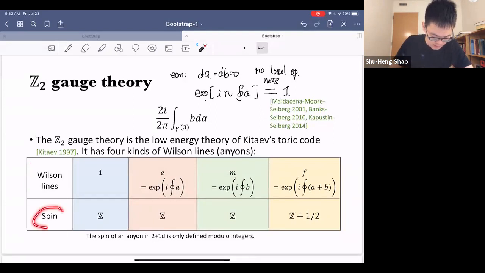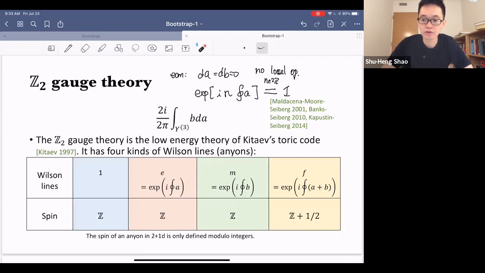And we can talk about the spin of this Wilson line. The intuitive idea is that the Wilson lines are the worldline of some heavy particle in some microscopic lattice model. And a heavy particle in 2+1D has its little group SO(2). And we can talk about the SO(2) spin of this heavy particle.